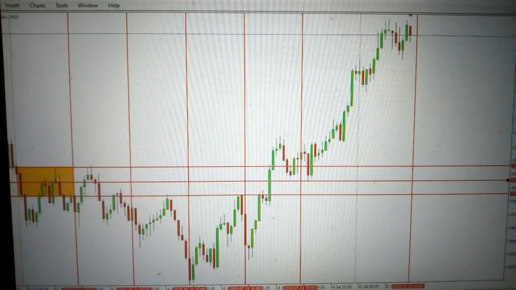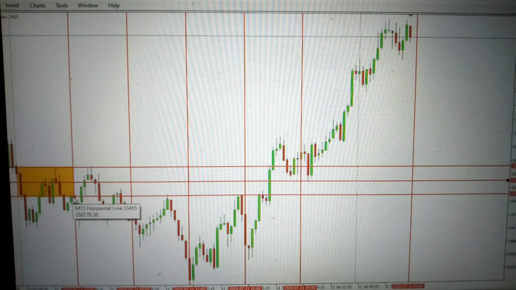Now after dividing the box into 2, I already know that price slid from here to this point. So I'll aim to mark my support or resistance on the upper side.